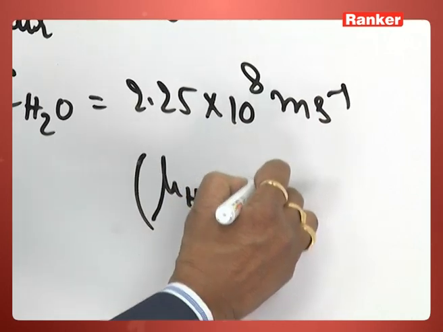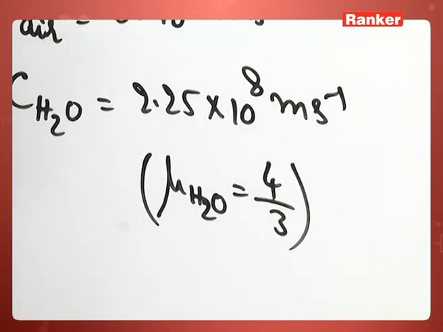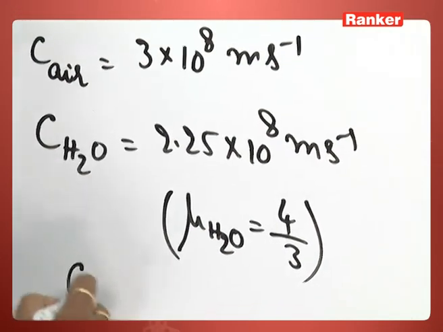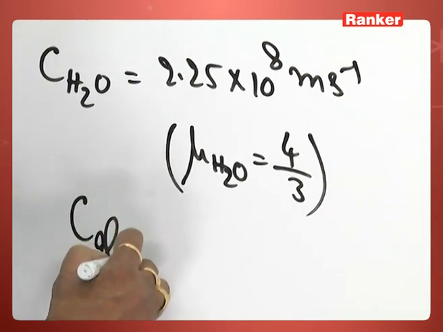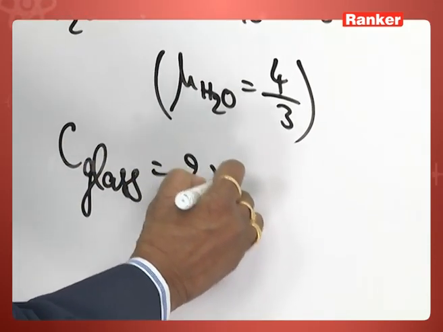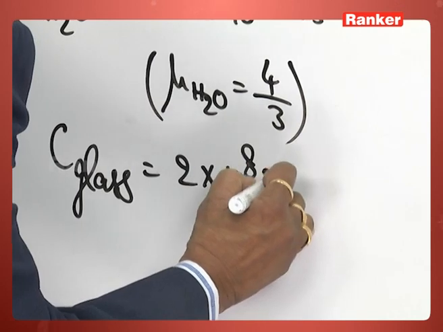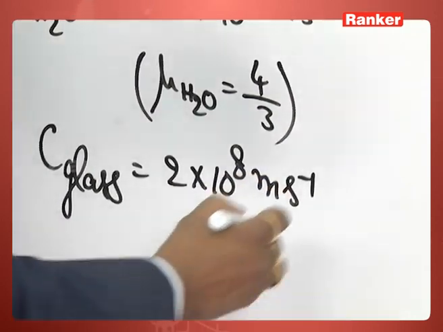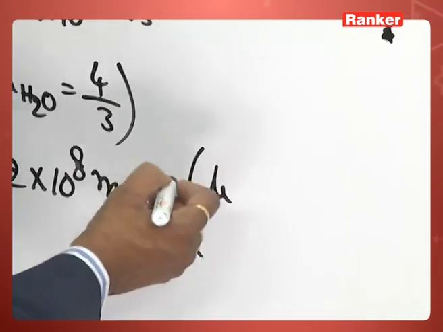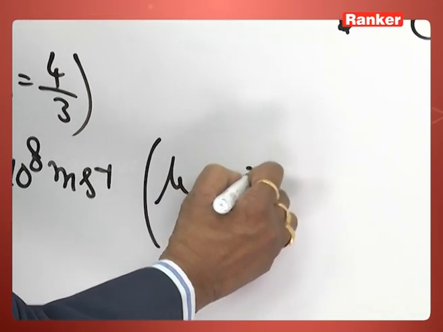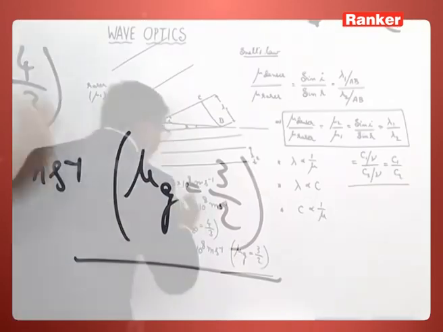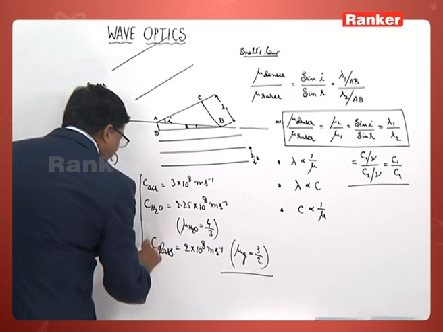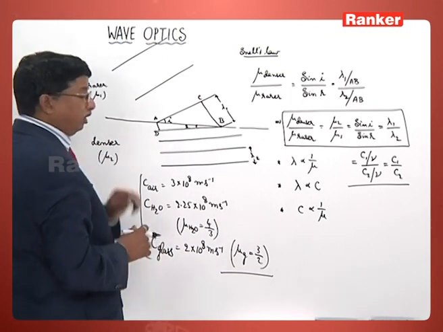We have to remember the standard value, 4 by 3. Likewise, what is the velocity of light in glass? That will be 2 into 10 to the power 8 meters per second. And what is the value of mu of glass? It is around 3 by 2. So these are the values you can directly remember.